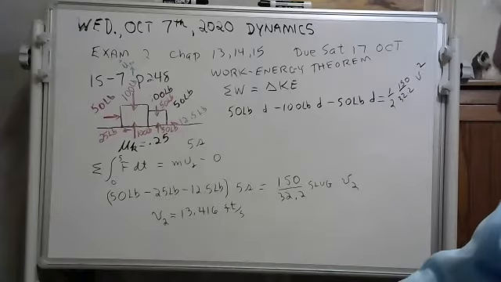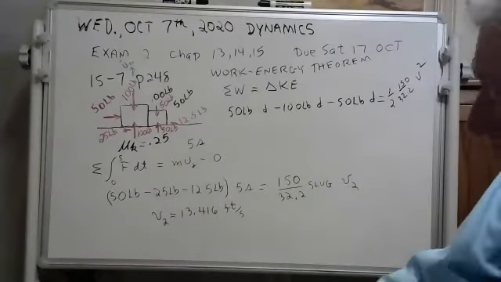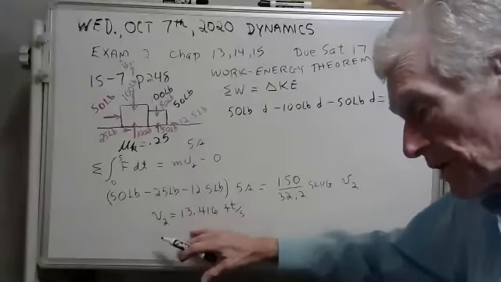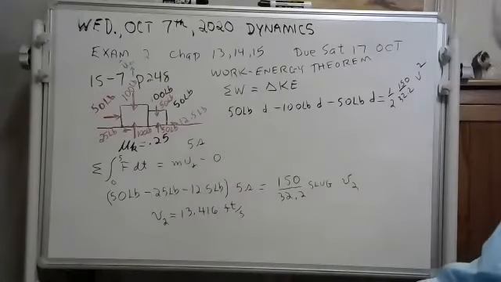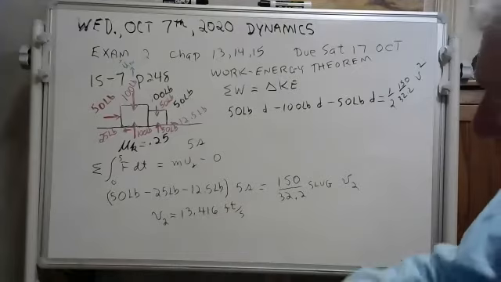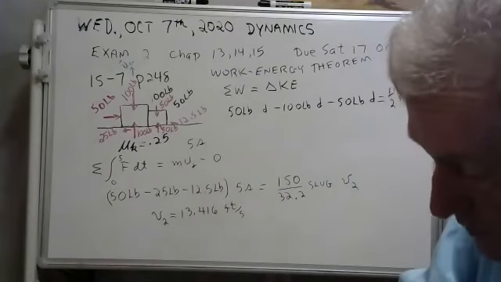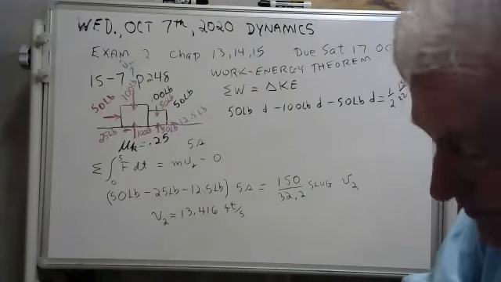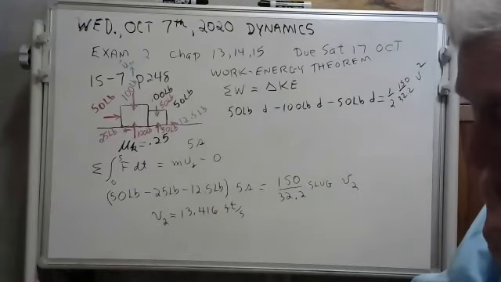We don't know what V is. Well, we do because we've solved it 2 other methods, but if you were doing this method, you don't know what the V is yet. And we don't know what the distance is. But see, they're related. They're related somehow.